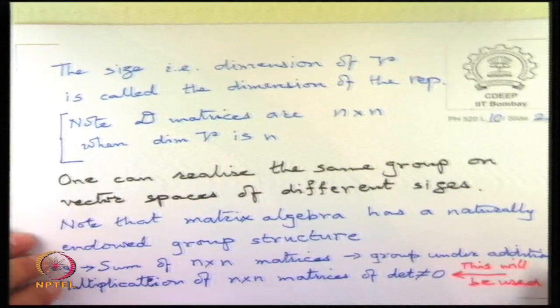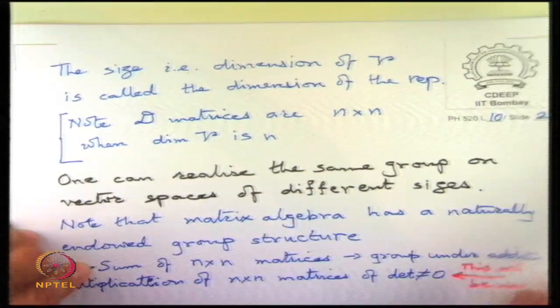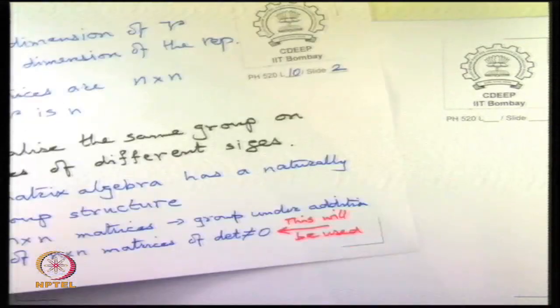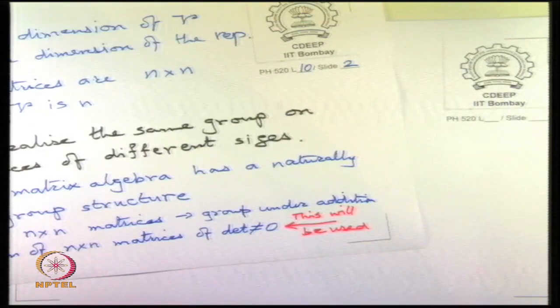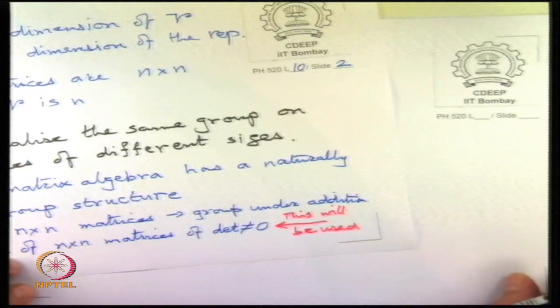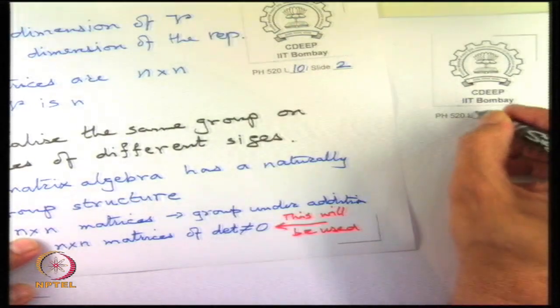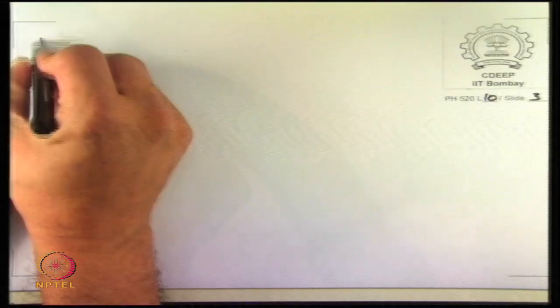So we call this set, in the more abstract sense, in the linear algebra sense, the matrices form a general linear group.